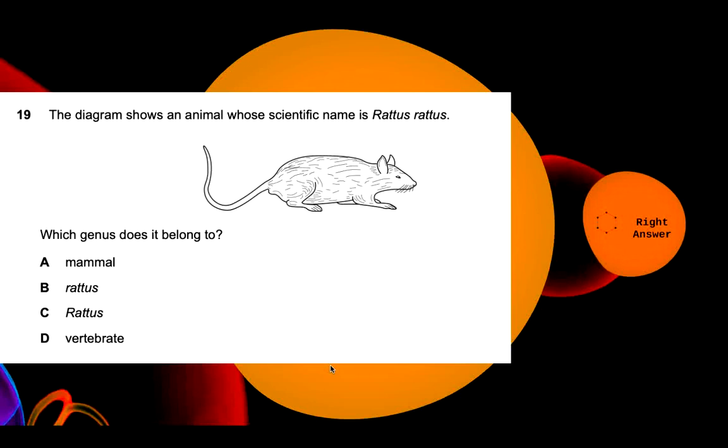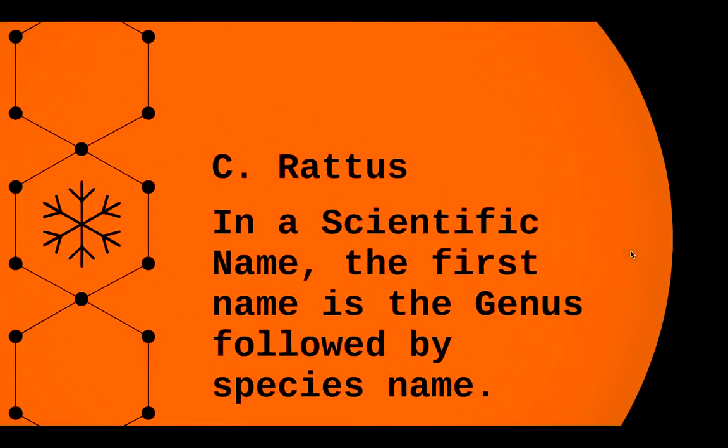So based on that, if we eliminate mammals and vertebrates, because definitely that's not the right answer, your answer will be what? Exactly, that's the answer. That would be C, Rattus, the one with capital letter R, because in a scientific name, the first name is the genus followed by the species name.